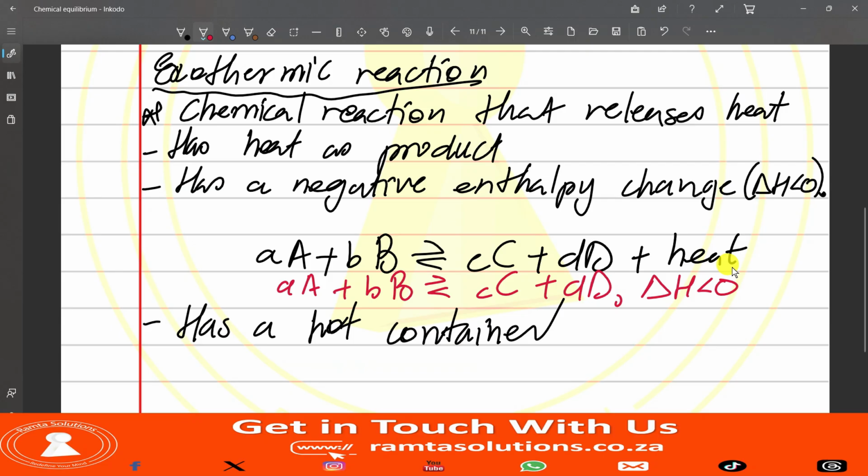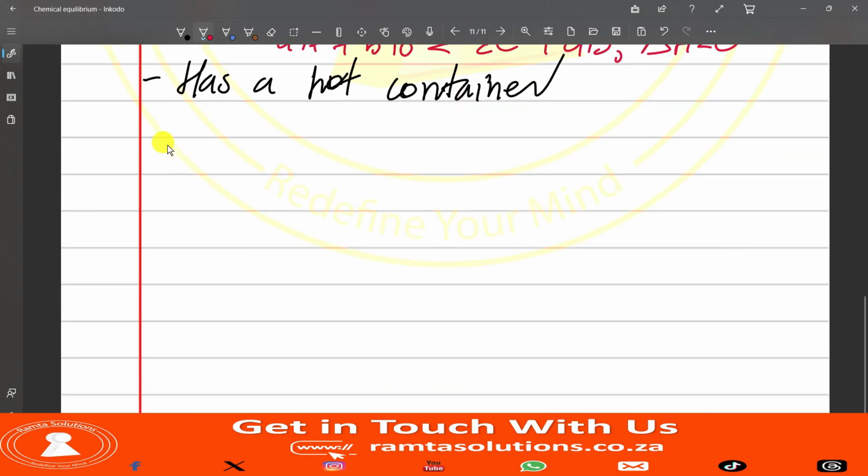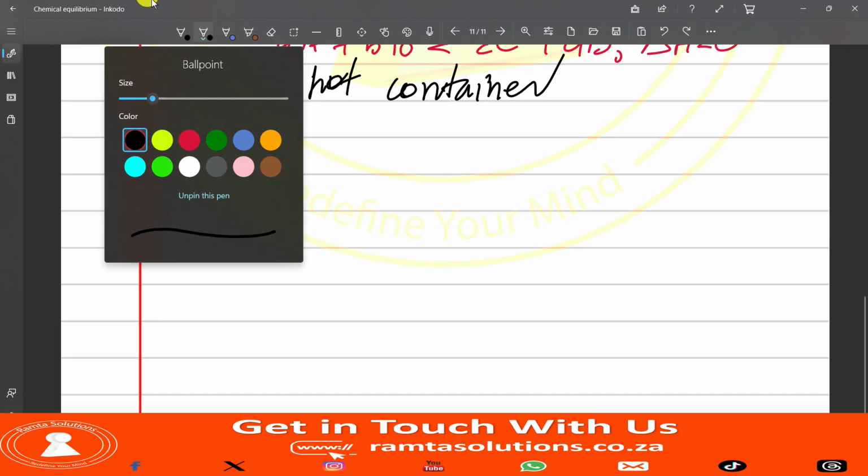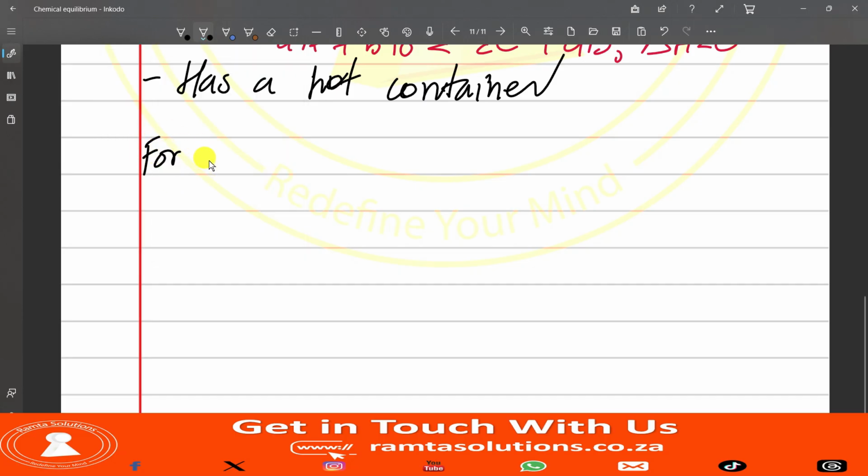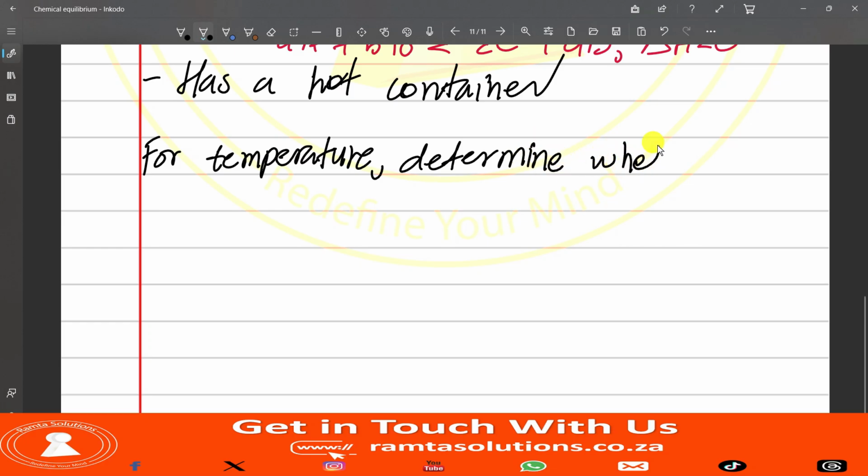What you need to know now is whether the forward reaction is endothermic or exothermic. For the temperature effect, determine whether the forward reaction is endothermic or exothermic.